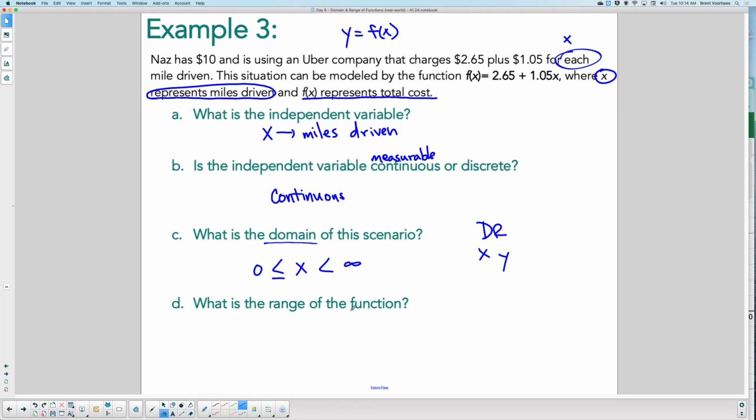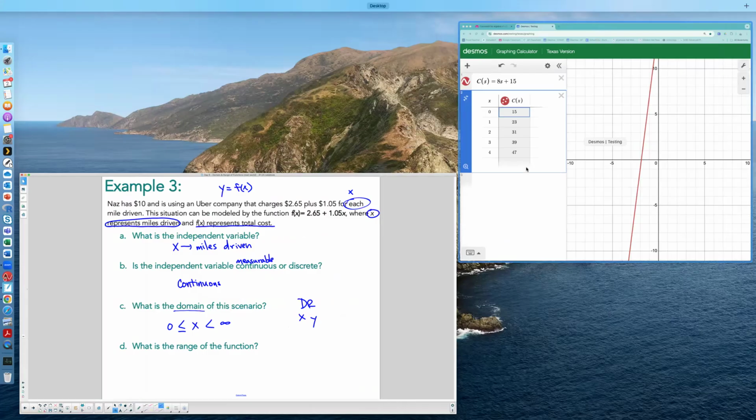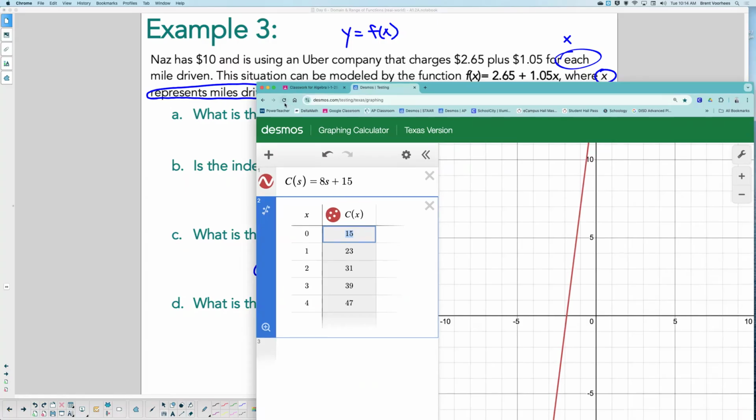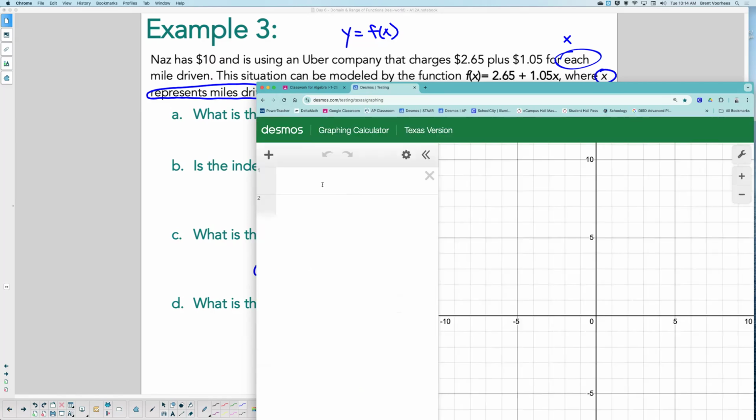Okay, now let's go do our range. So go to your calculators. Let's type in this equation. F of x equals $2.65 plus $1.05 x.